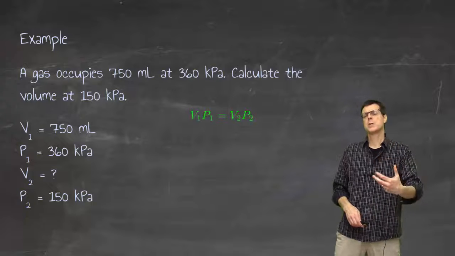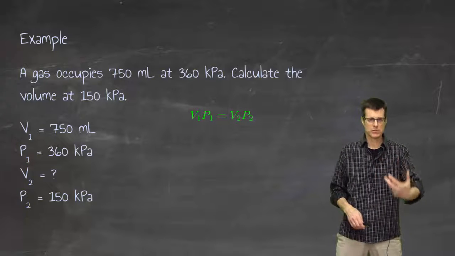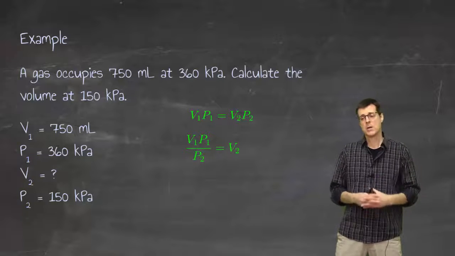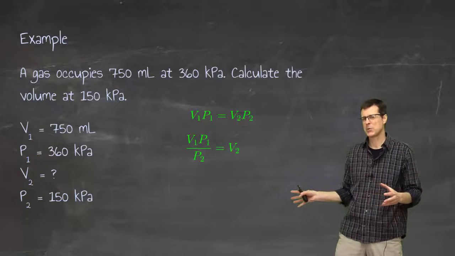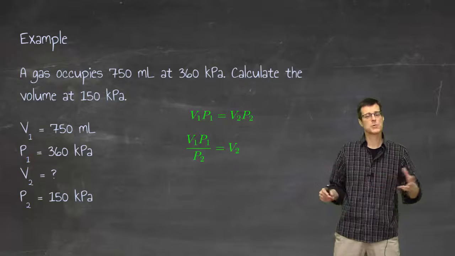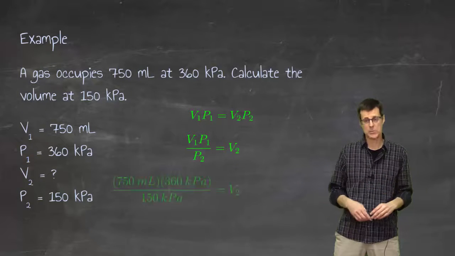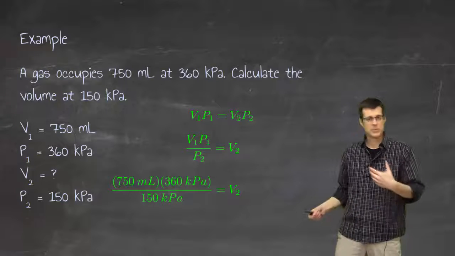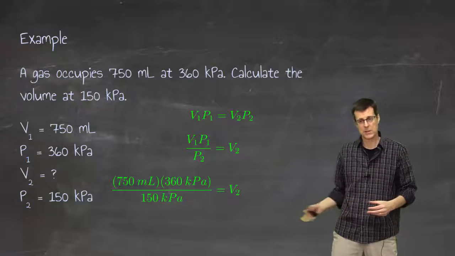So if my Boyle's law is V1P1 equals V2P2, I need to find the second volume. I like to rearrange the formula first, but you could put the numbers in first and we'd end up doing the same thing. So to find the second volume, I'm going to be putting the numbers in like so.